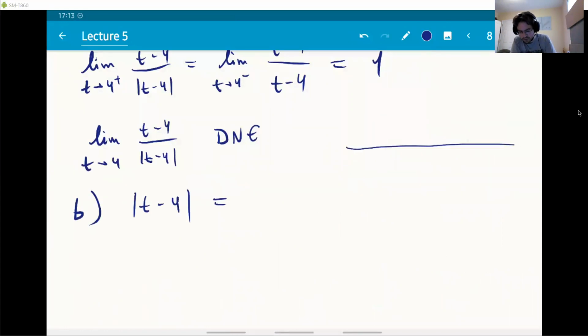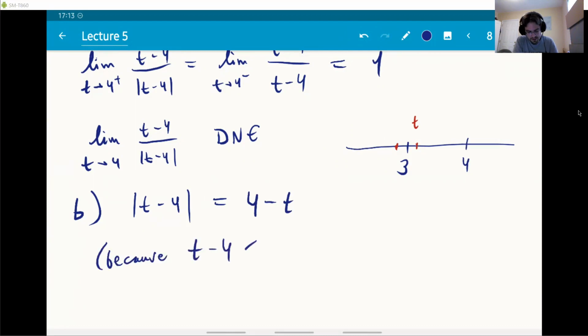Think of the number line. You have a number t that's somewhere here on either side of 3. Well, if you subtract 4 from that, you're going to get a negative number. So t minus 4 is negative in this limit, and then the absolute value of that is equal to 4 minus t, because t minus 4 is negative when t is close to 3.